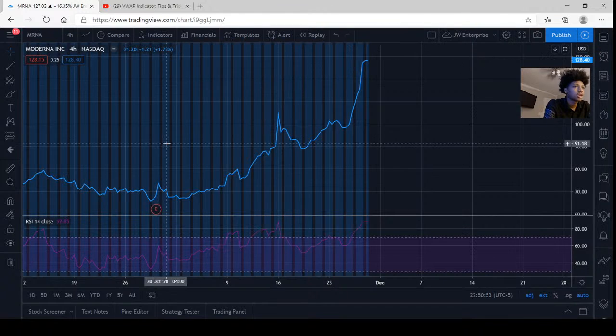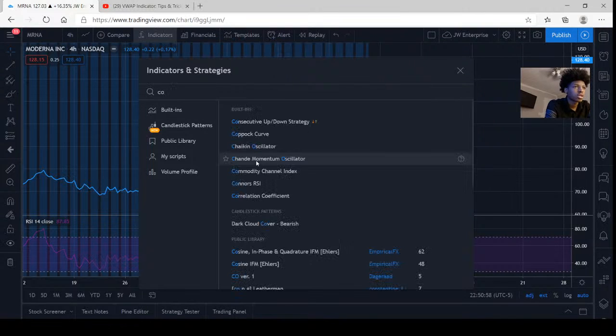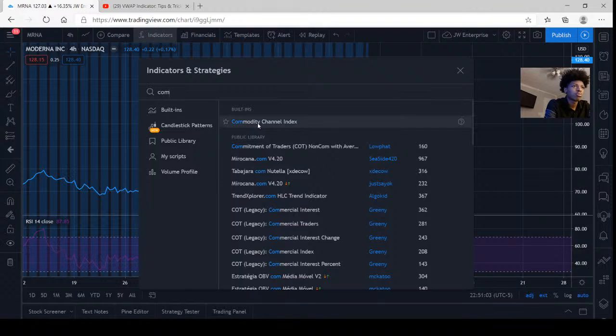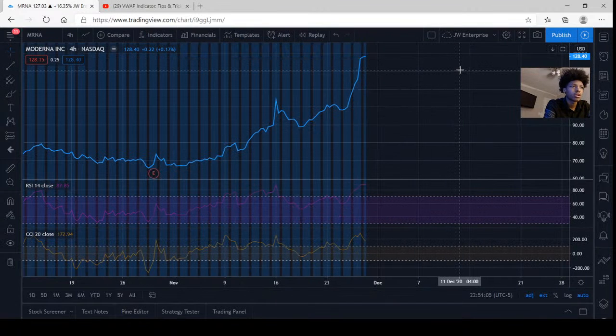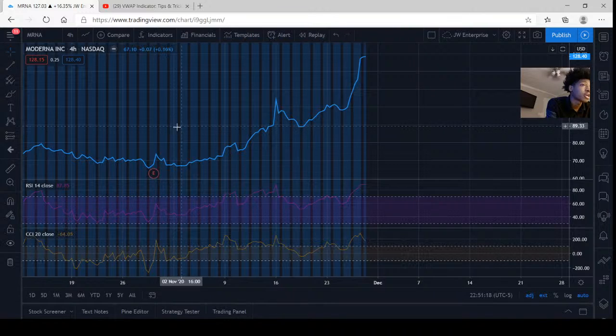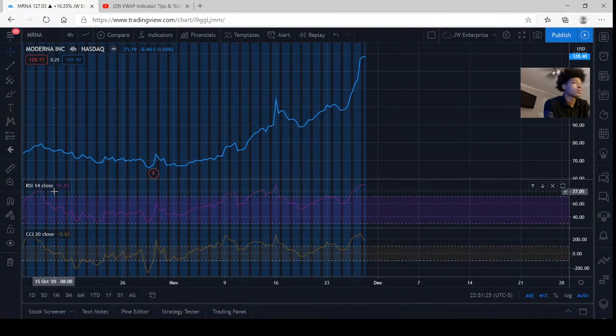But let's look at what else I use. I use a commodity channel index. My commodity channel index is my other indicator. I follow my share price with my RSI, so I can look at if it's going to go down on my RSI.